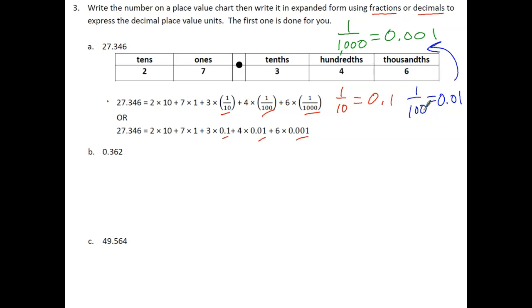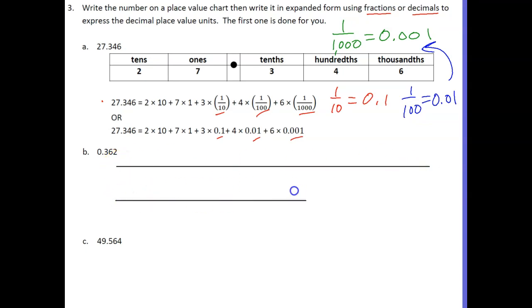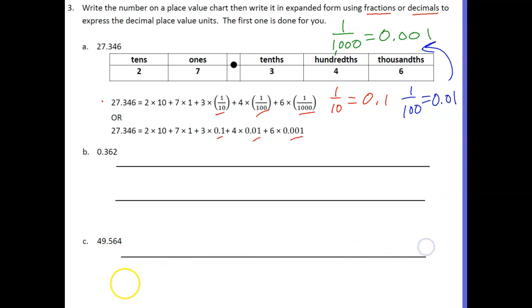All right, let's take a look at B here. So I'm going to try to draw a quick place value chart. I might as well do C also while I have my line tool out. It's not going to be pretty, guys. Don't judge me on my place value chart. Hopefully you're not judging me at all.